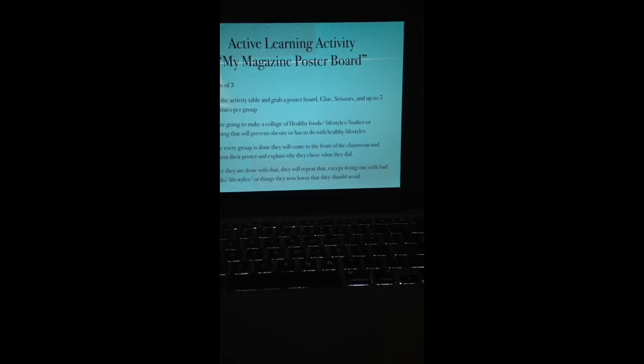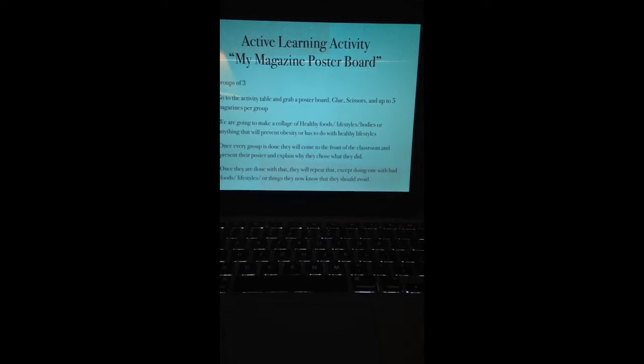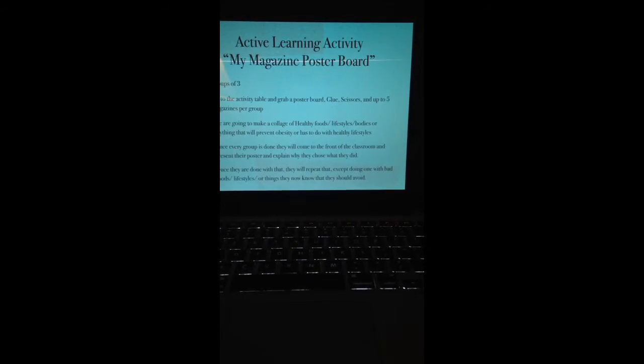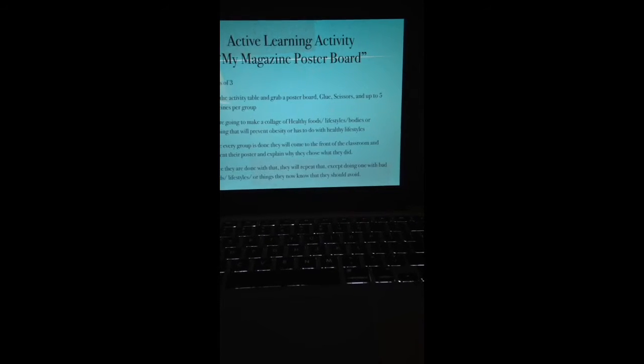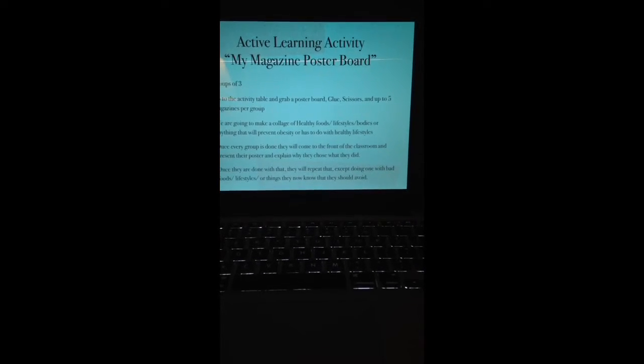Once every group is done with their collage, they will come to the front of the classroom and present their poster and explain why they chose what they did to put on their collage.